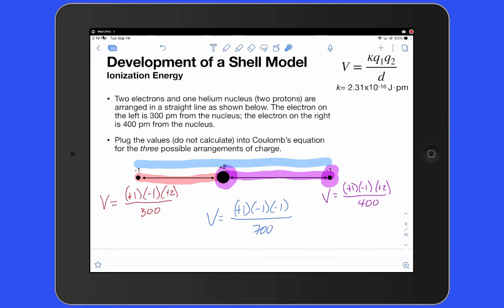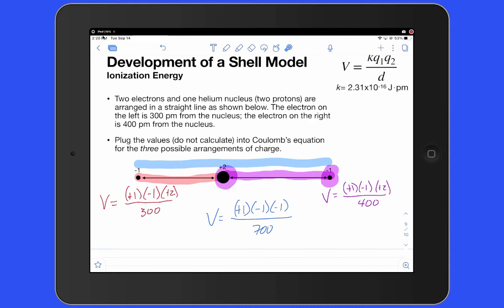I have more people in the class, but not very many. That's what keeps them there. Are the 2 electrons repelled by each other, though? Yeah. If we solve these out, I mean, we're not going to solve them.